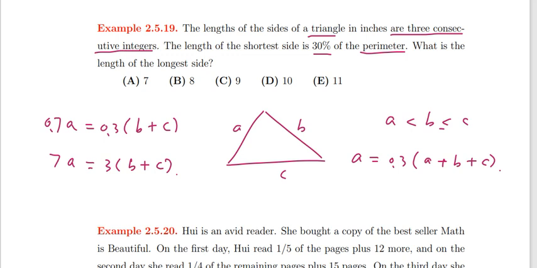This is the key word. Consecutive means the 3 numbers could be like 5, 6, 7, or 6, 7, 8, or 8, 9, 10. So we want to find A, B, C.